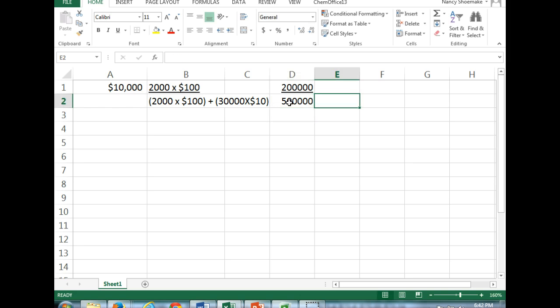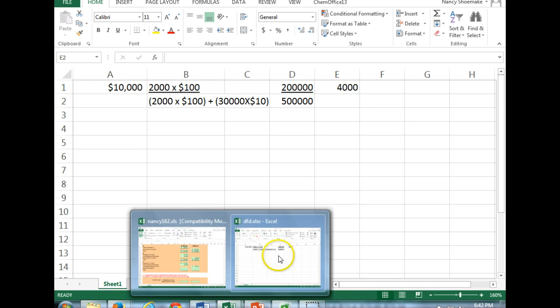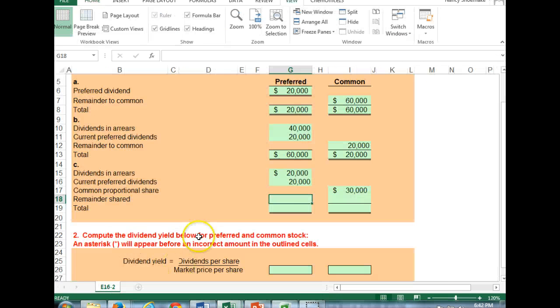Am I making sense? Equals $4,000. You guys get that? So the amount that the preferred is going to get is 4,000, and the amount that common is going to get is 6,000. Make sense?